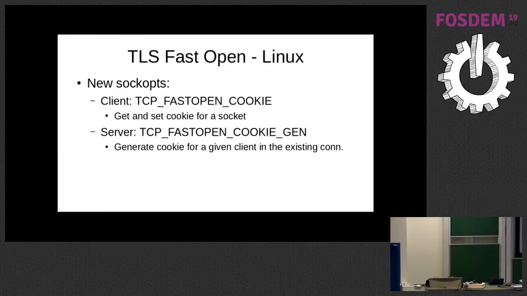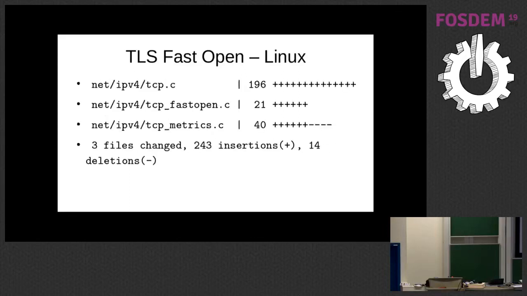One sockopt gets and sets the cookie on a socket, and on the server side we need to generate this cookie in order for the client to connect back. And this is the patch. It's like 200 lines, more or less. So it's easy enough to get into Linux. It's not terribly complicated to bring more privacy to these protocols.